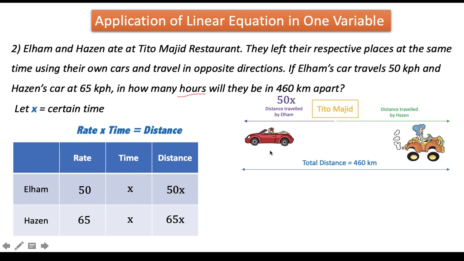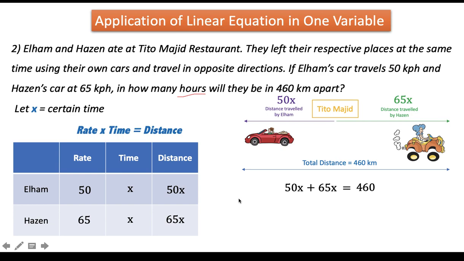Since we know that the distance traveled by Elham is 50x, and Hazen's car traveled 65x, if we put them together, 50x plus 65x makes the total of 460, and this will be our working equation.